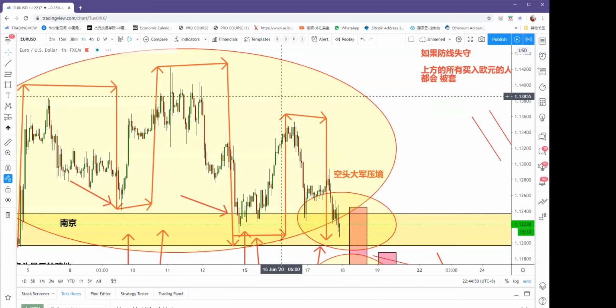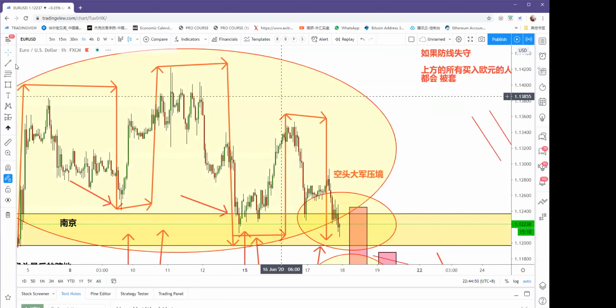You can create an alert again. If it breaks 1.1185, let's find some pullback to sell, and all the way aim for 1.10, the previous structure here. This is what you can get for the profit.